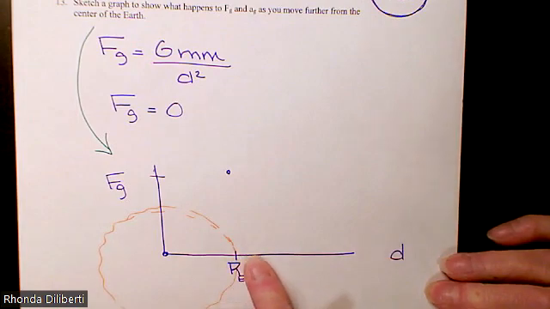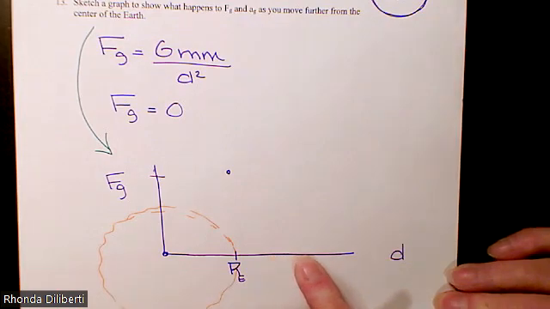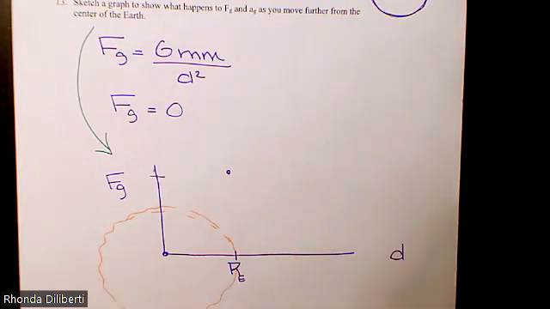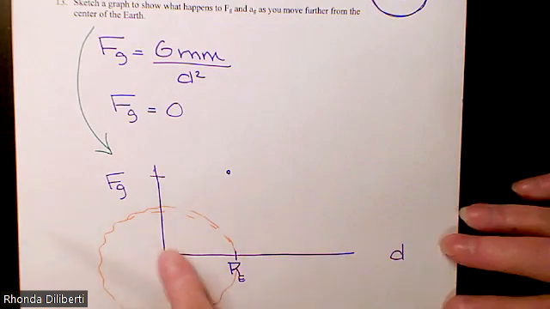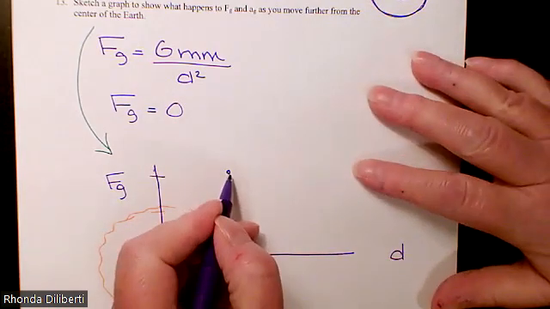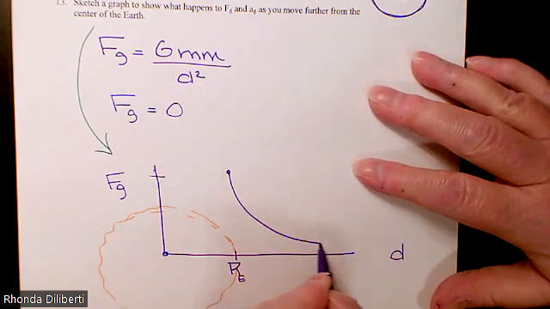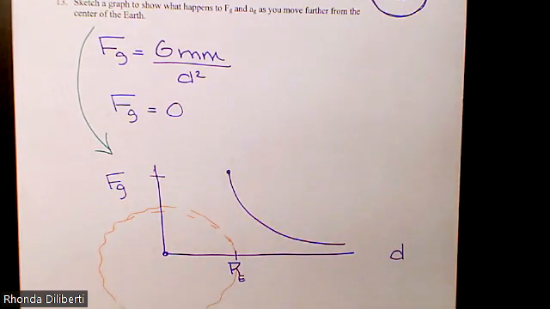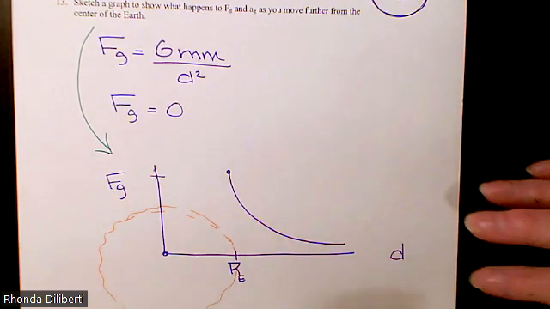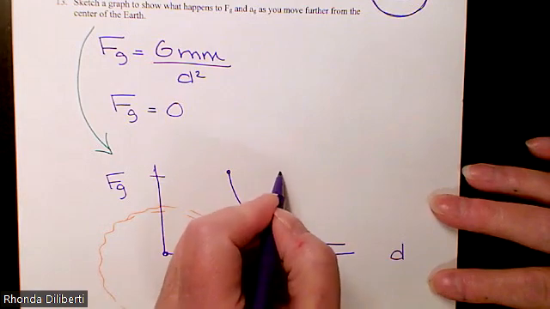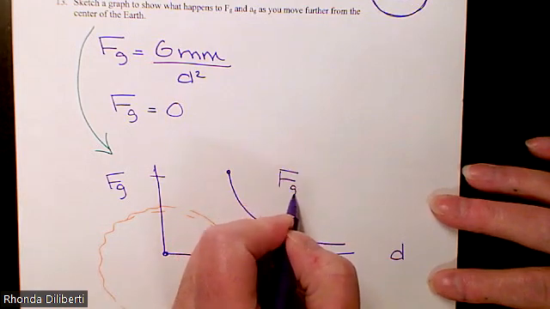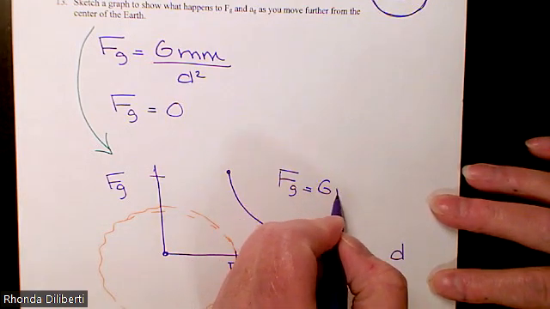As I go farther, like up on a mountain or to the International Space Station or to the moon or out in space, and I'm getting farther and farther from the center of the Earth, my weight is going to decrease exponentially. How do I know it's going to decrease exponentially? It's because this equation is an inverse square law.